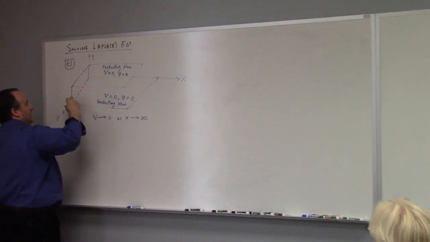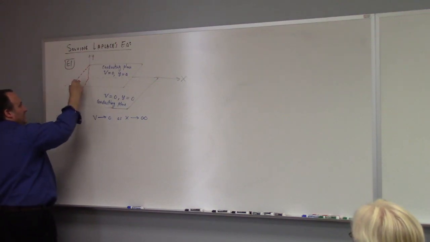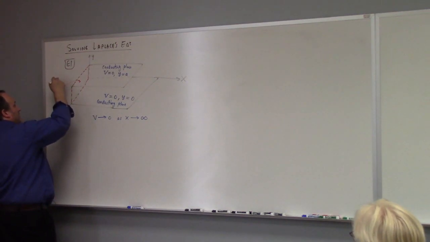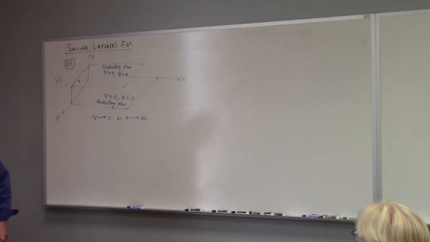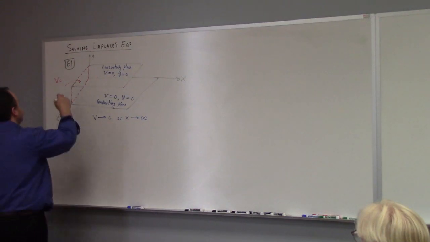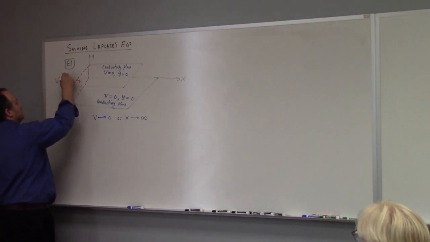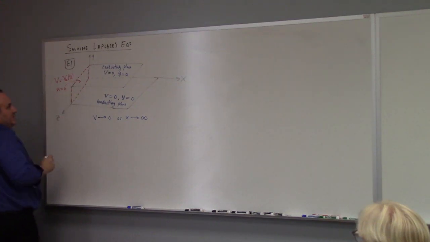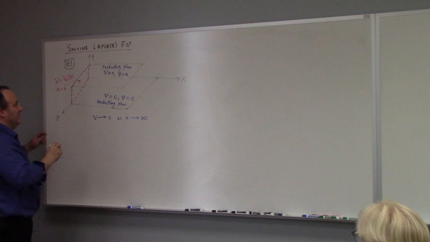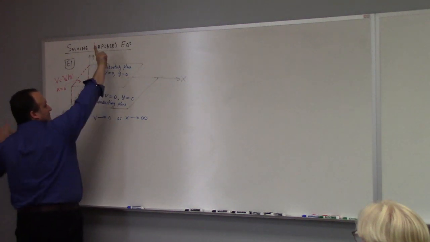In this region here, we're going to put V equals, according to Griffiths' notation, V naught of y. This is for x equals 0. Of course, my picture is somewhat limited. I mean, this goes on and on.